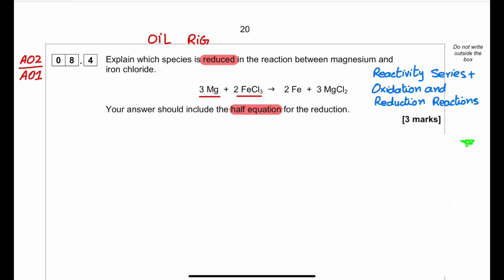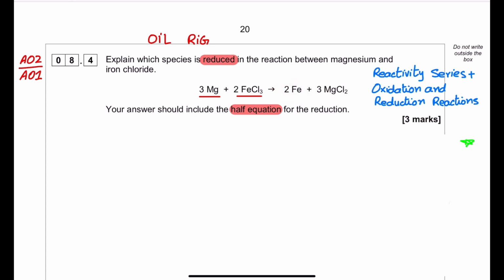In this reaction, magnesium is more reactive than iron, so it displaces iron from the compound. Magnesium will lose electrons to chlorine and become magnesium chloride, and iron will take electrons and become, from an iron ion, an iron atom.